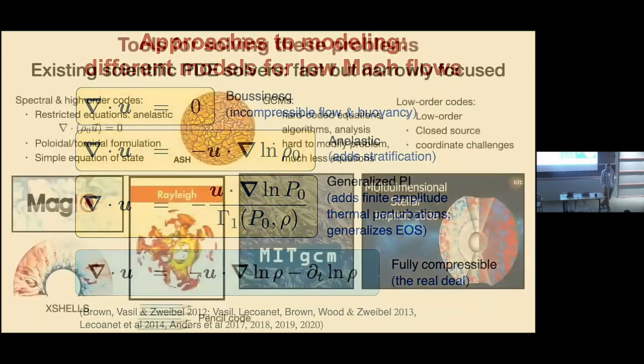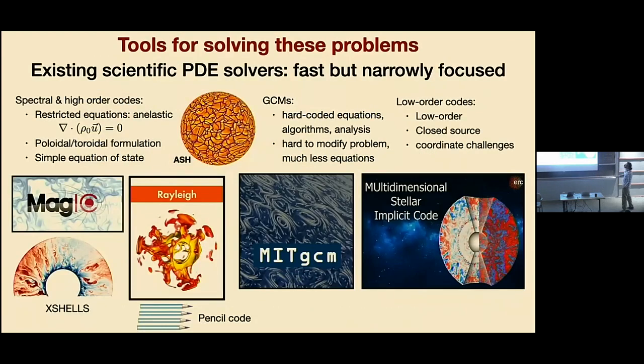For the tools to solve these, there are a number of both open source and closed source tools in a variety of geometries. A lot of them tend to be spectral and high order codes because we care a lot about the accuracy of these solutions. A lot of effort has been put in historically on the dynamo side in developing global spectral tools.